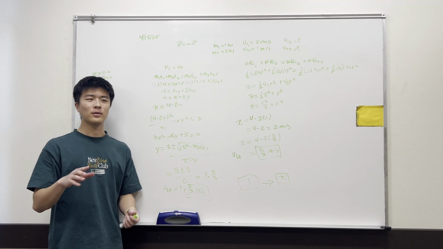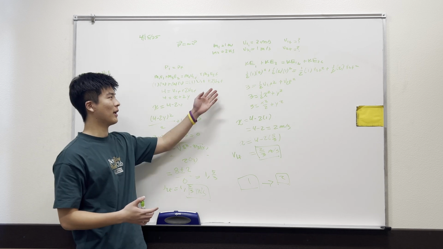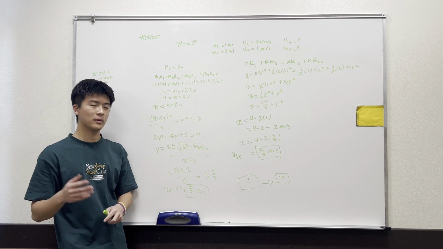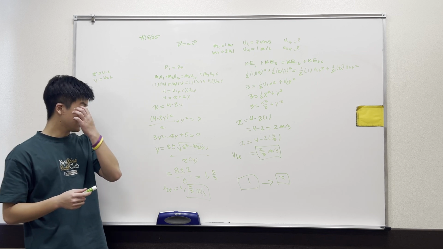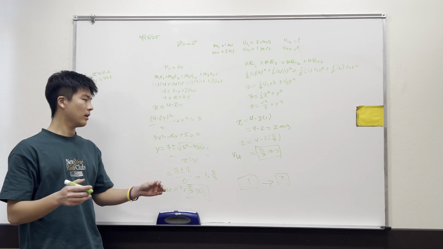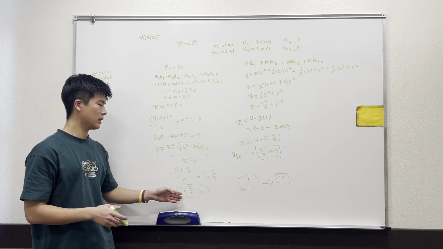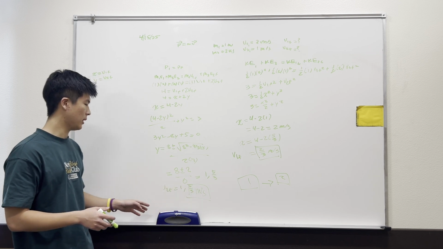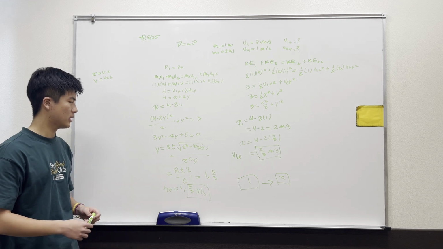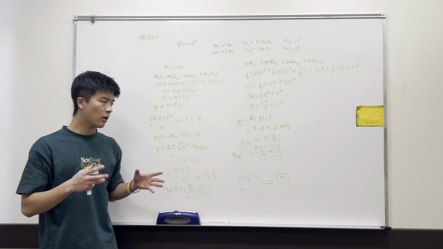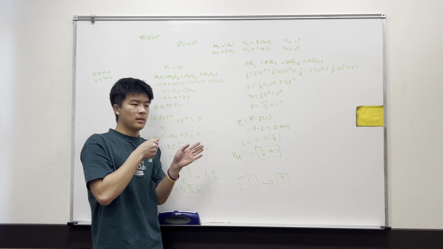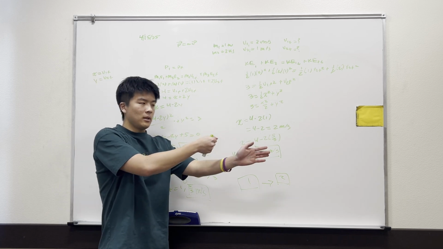My phone actually ended up losing storage, and so I already solved out everything while the phone wasn't recording. But to give an explanation of why we chose, because I think we left off on giving two possible options between having a velocity of 1 meter per second or 5/3 meter per second in a collision where cart 1 is pushing and ends up colliding with cart 2 as they're both going in this right direction.